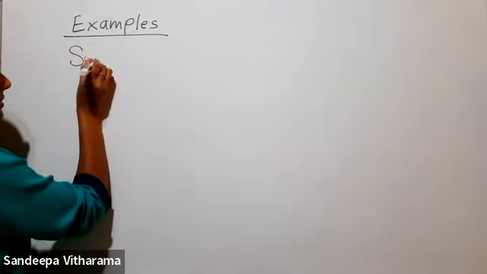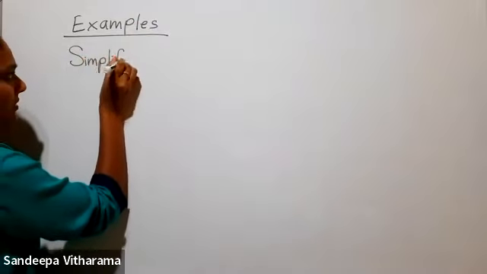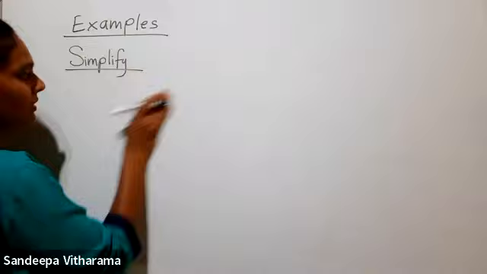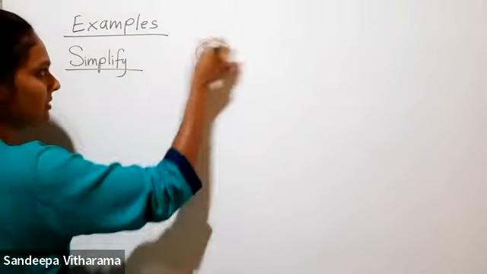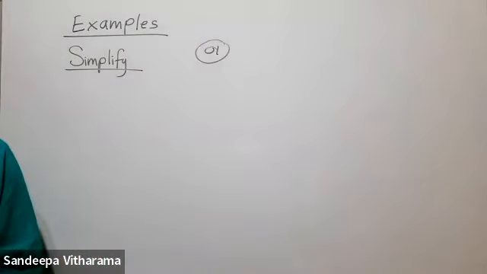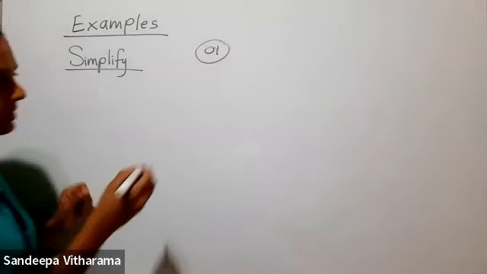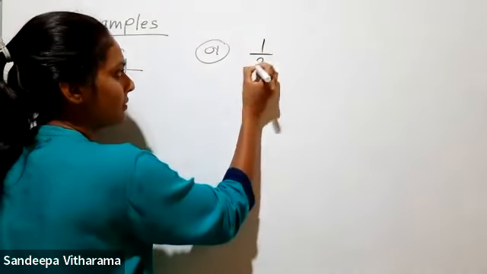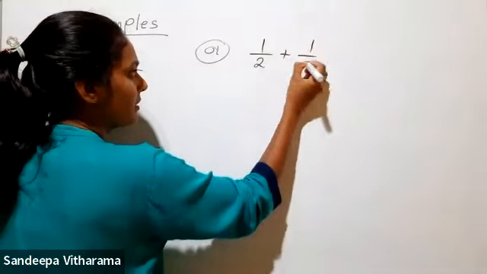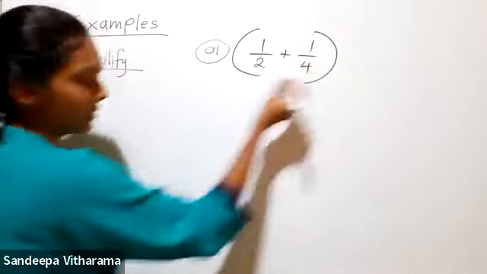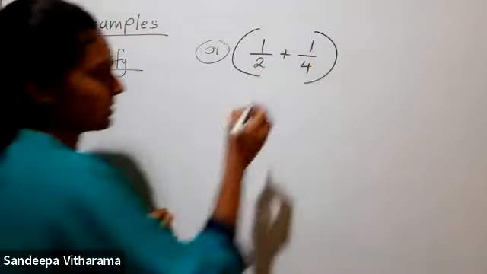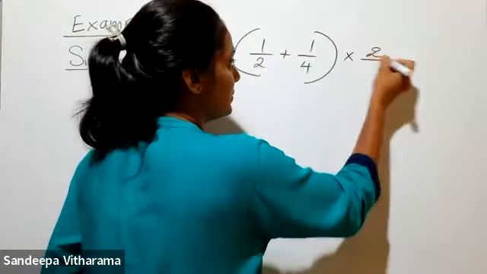You are given to simplify. Okay, my first example is 1/2 added 1/4 in brackets, multiplied by 2/3.